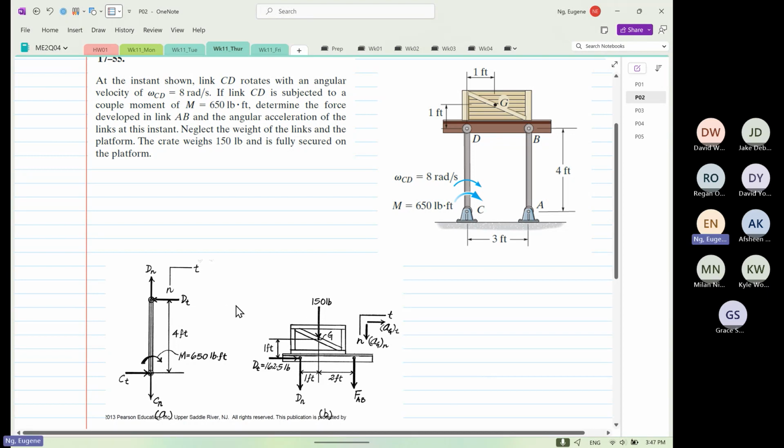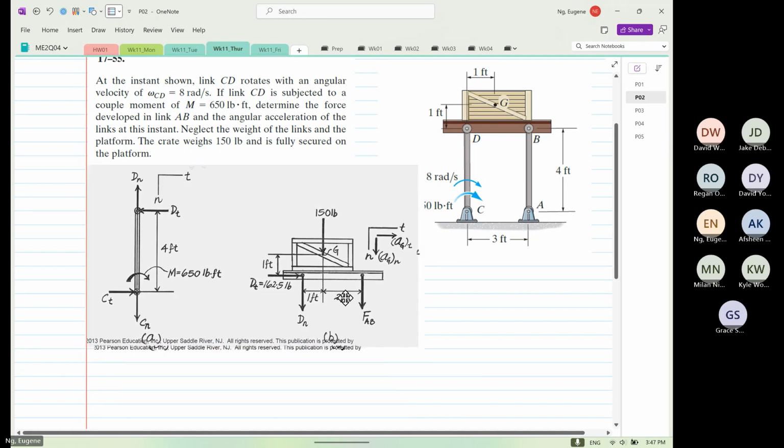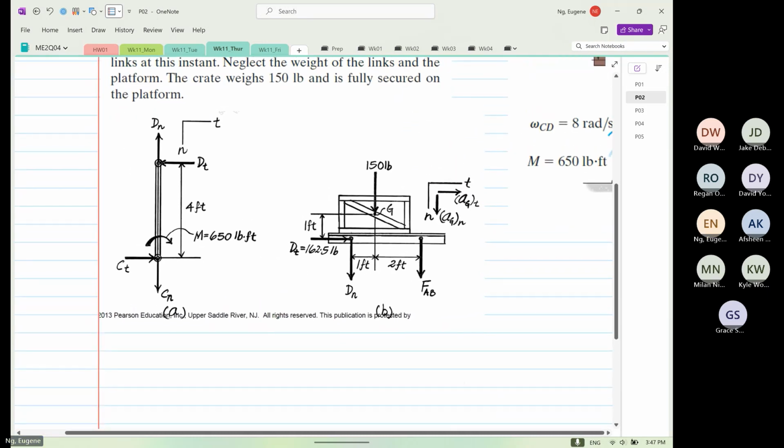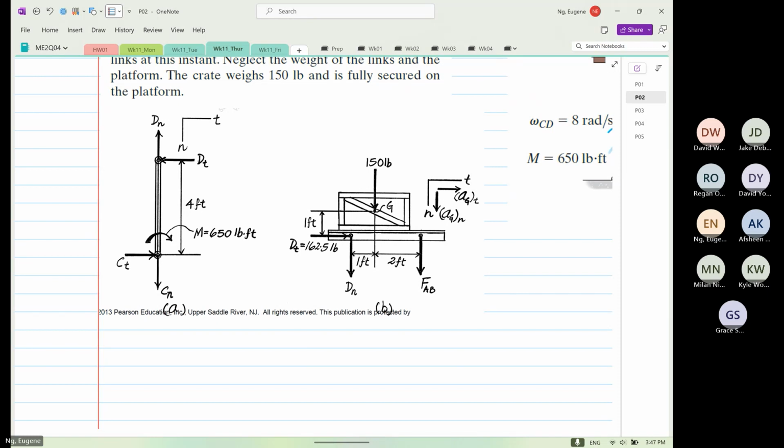This is what the solution manual provides. Okay, I want you to highlight this. So the people that do the solution manual, I'm not saying that they are dumb. Okay, but I want you to become critical thinkers.